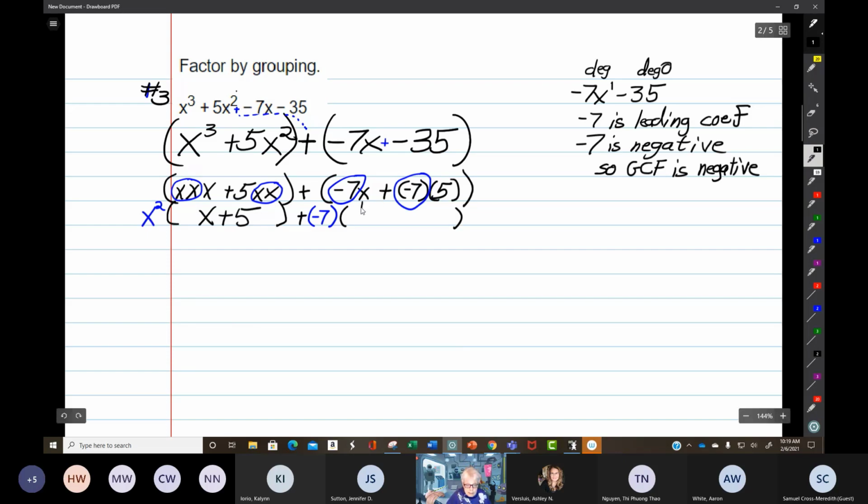I have an x left over, and I have a +5 left over. So I'll use that plus sign. I will have x plus 5. The whole problem depends on my remembering the fact that if the leading term is negative, the GCF has to be negative.